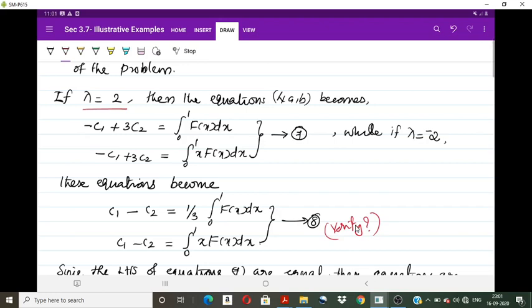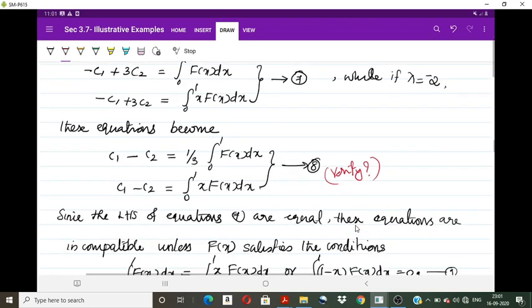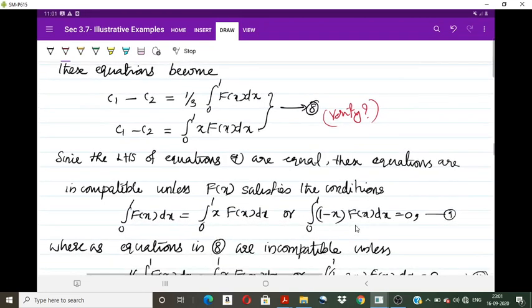Here also the left-hand sides are the same for each equation in equation number 8. So the equations are incompatible, they are not equal, unless integral 0 to 1 f of x dx is equal to integral 0 to 1 x into f of x dx, or integral 0 to 1 of 1 minus x into f of x dx equals 0.